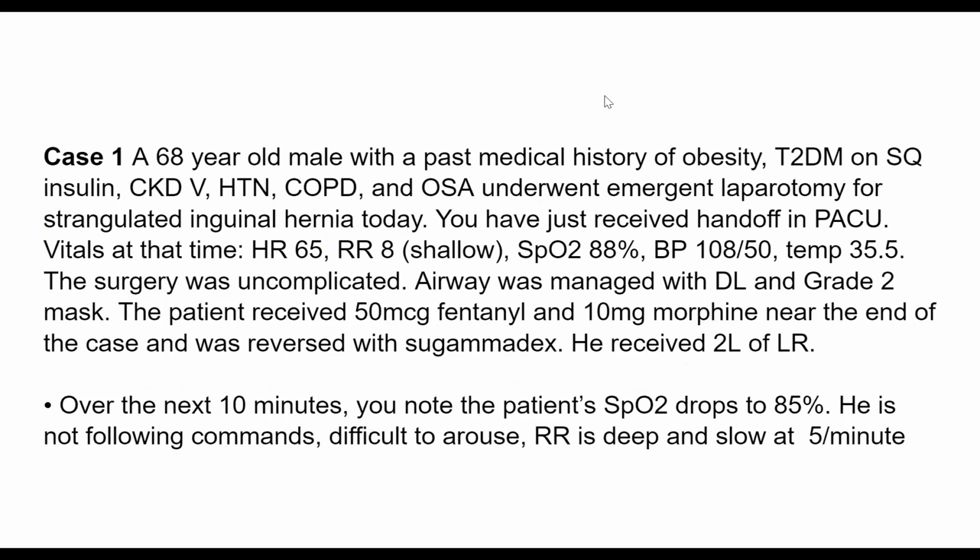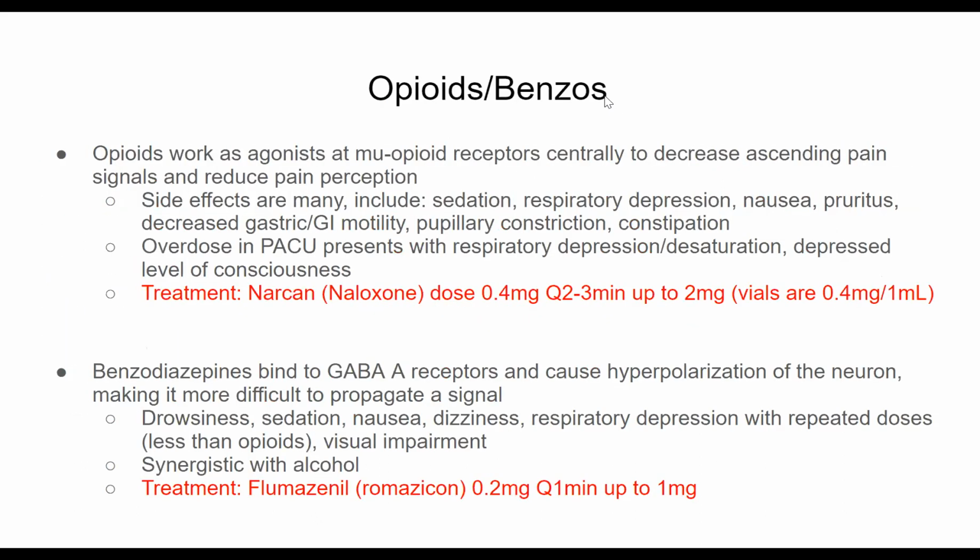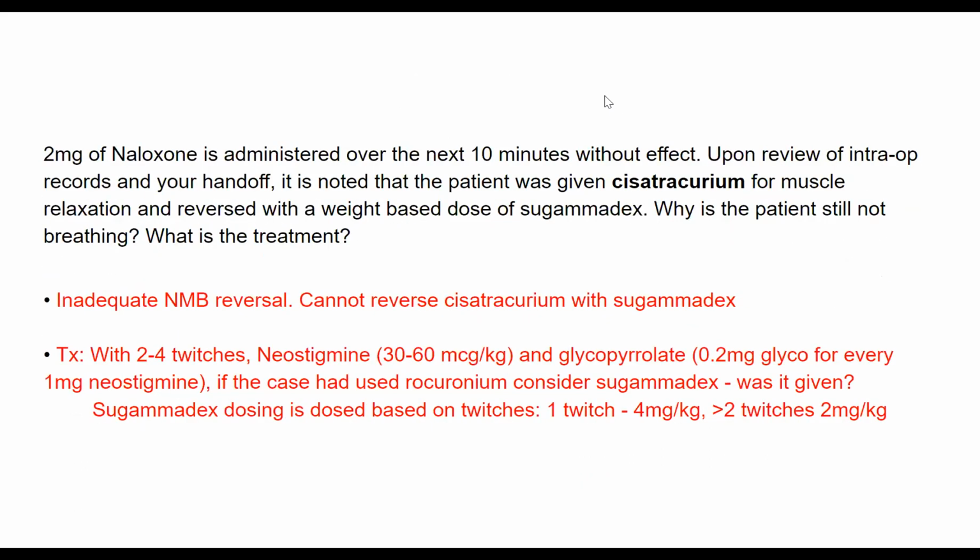So oftentimes with people with very bad kidney disease, we don't use those. We use cisatracurium as a paralytic because that's just degraded over time in the blood plasma. And so for this case, we see that it was cisatracurium that was actually used.